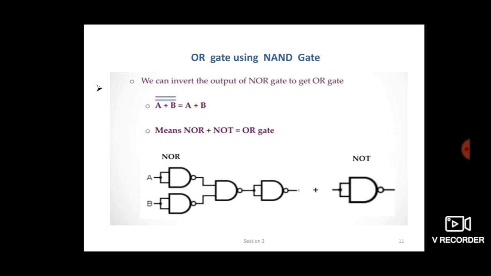See, this is a symbol for a NOT gate constructed using NAND gate. This is also a NAND gate acting as NOT gate. This is one symbol, this is sequentially joined, so cancel it, meaning neglect both gates.